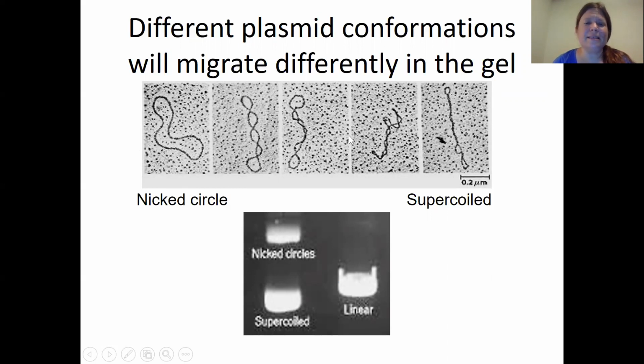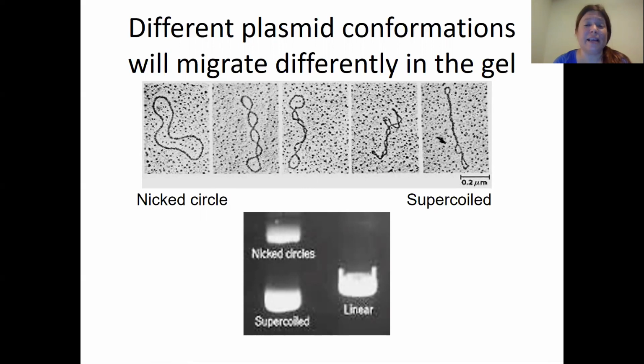These stages in between you don't tend to see a lot. They mostly only happen as it's progressing from one to the other, either a relaxed circle that's being supercoiled or a supercoiled plasmid that has been nicked and is relaxing. If we compare the 2 end possibilities, you can see why you could have circular DNA that runs at different speeds, because this supercoiled plasmid here at the end is essentially a shorter, slightly thicker line.